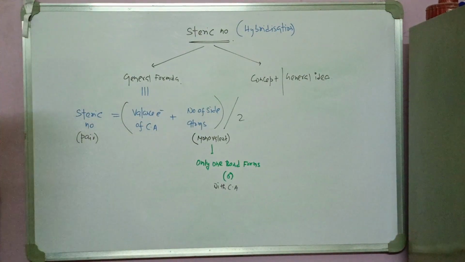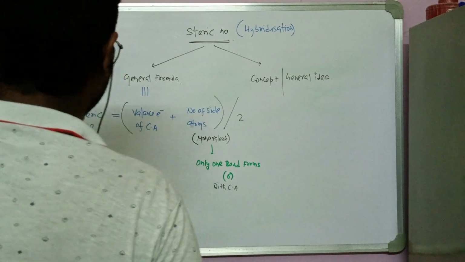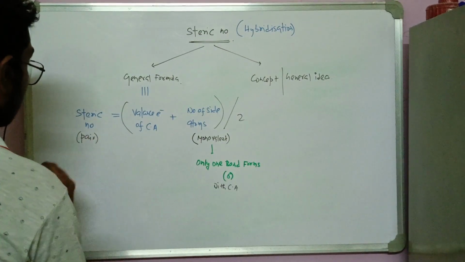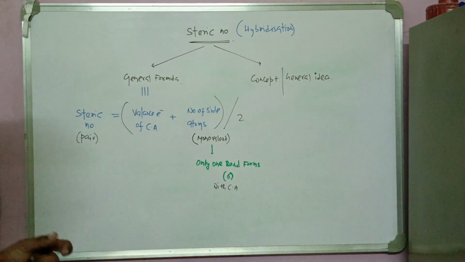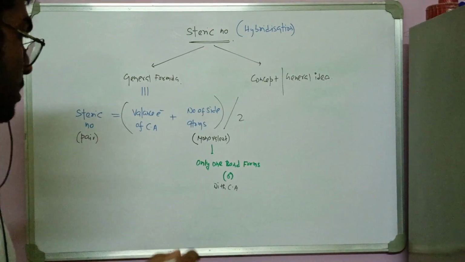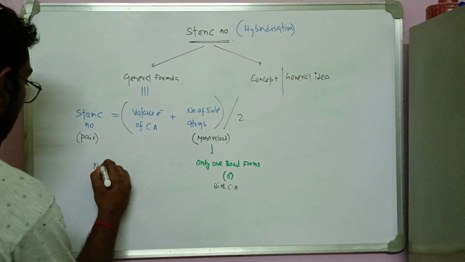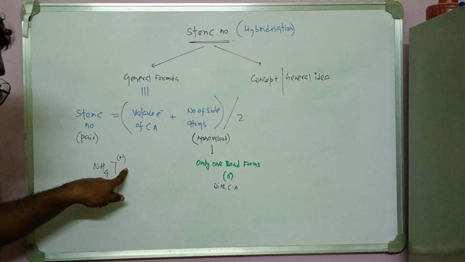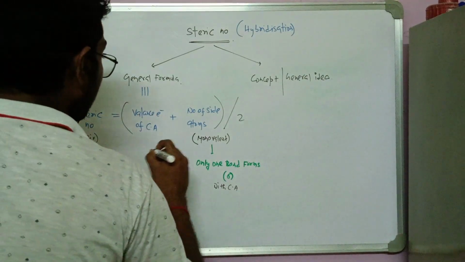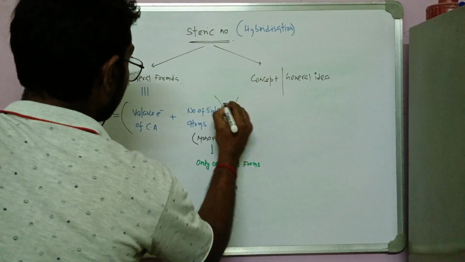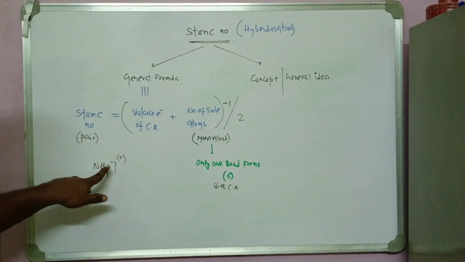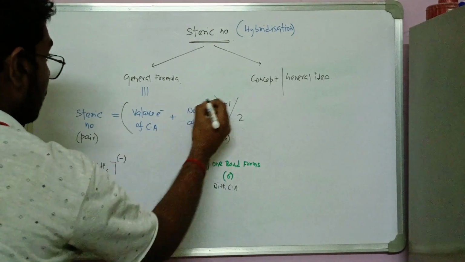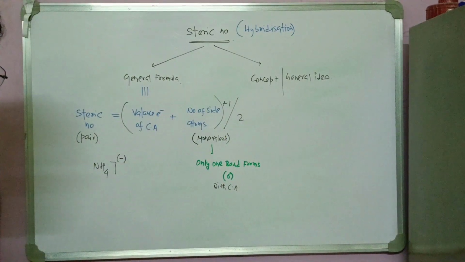Another thing the formula may contain is the negative and positive charge. If a certain system is positively charged, for example NH4 plus, then it is lacking one electron, so we have to add it as -1 because we are lacking one electron, and if it is negatively charged then we have to add +1 electron.